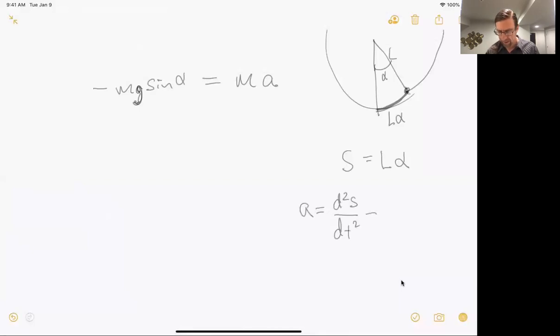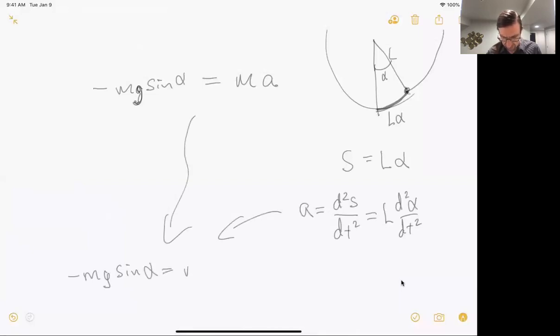L is just a constant, so that's L times the second derivative of alpha. We combine that with this equation, and we get minus mg sine alpha equals m times L times d squared alpha dt squared.